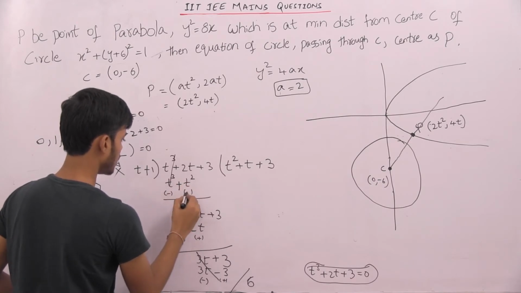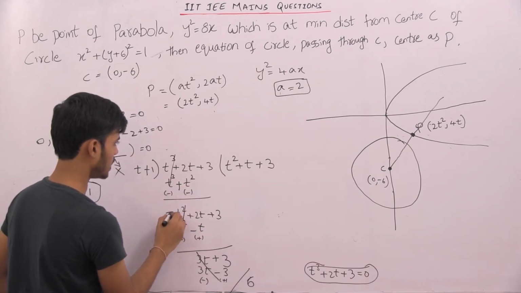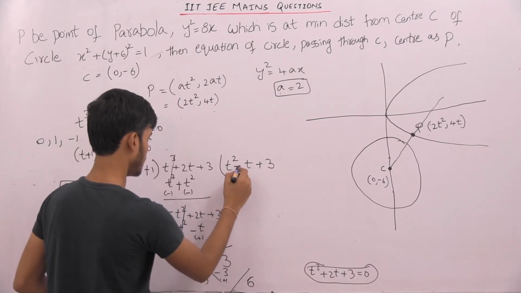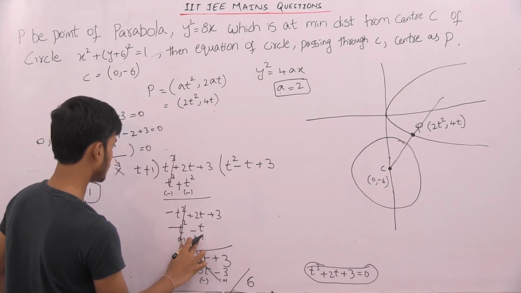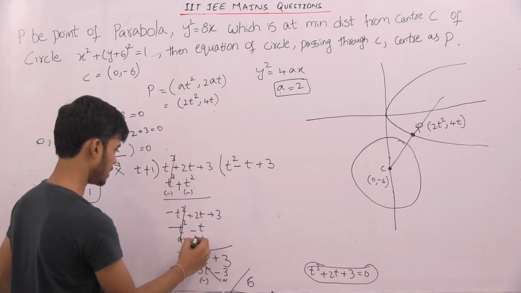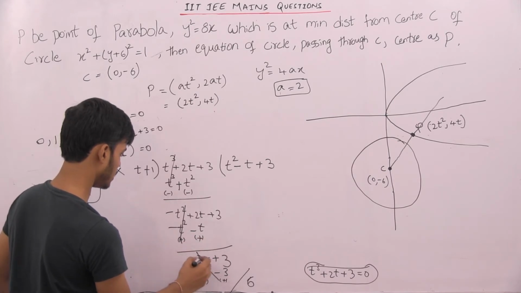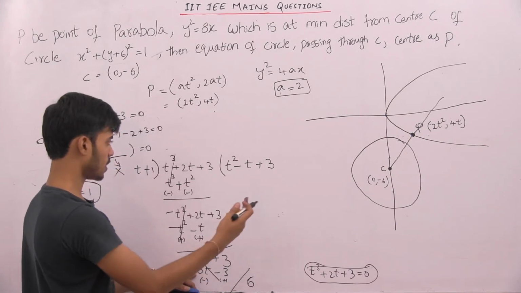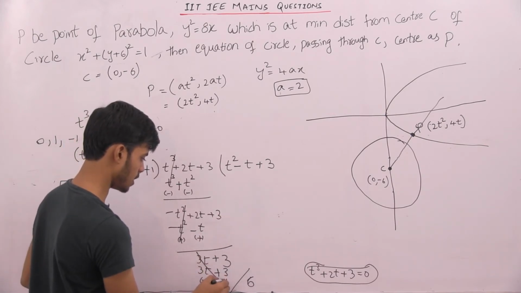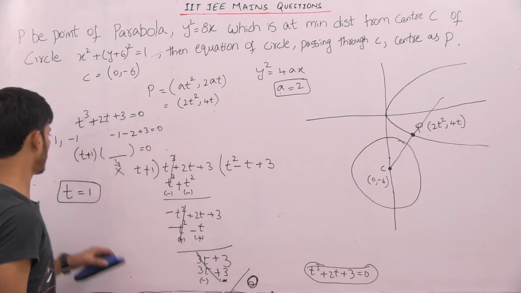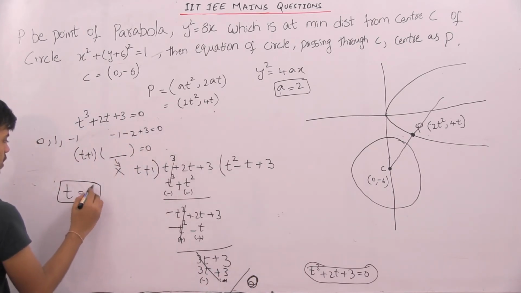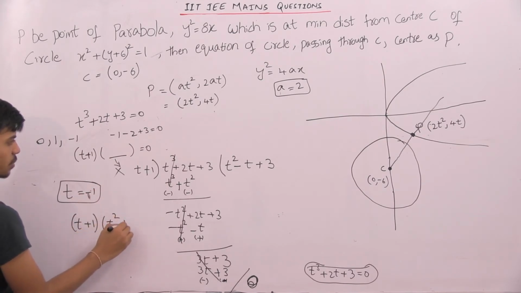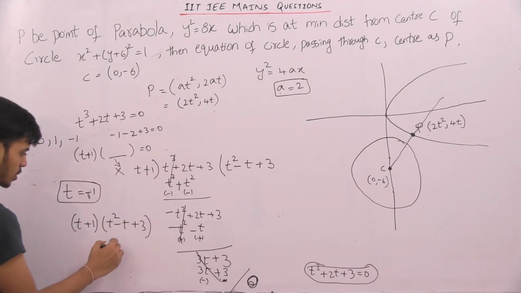Dividing, we have t plus 1 into t square minus t plus 3, with remainder 0.